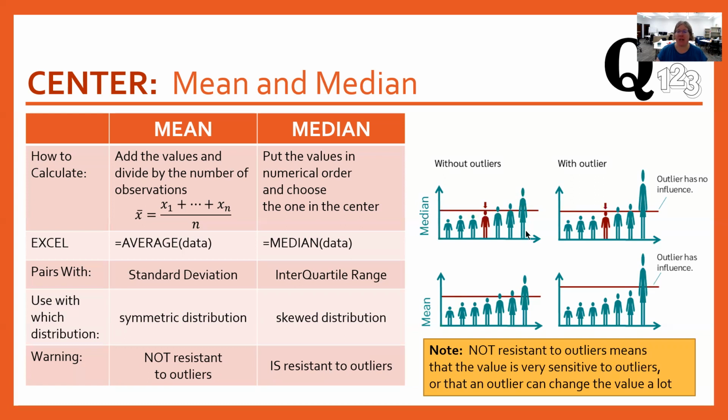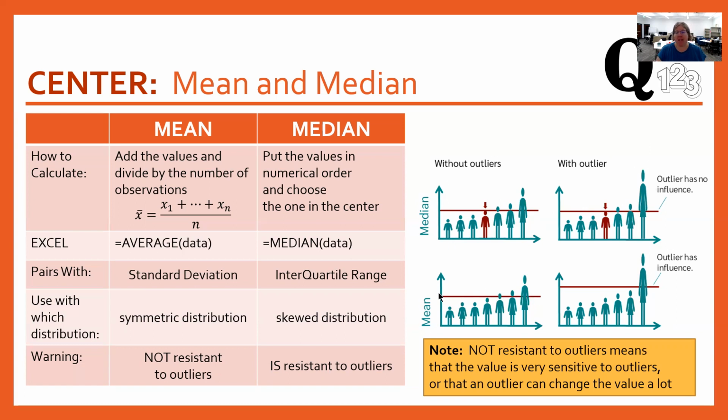Maybe this person on the tall side really isn't 5'10". Maybe they're 7'2", which would make them an outlier. Okay, so now we have a 7'2" person over here. The median is still going to be the height of that person in the 4th position. Okay, so the value of the median, this red line, doesn't change because the median is resistant to outliers. It doesn't matter if there's one there.